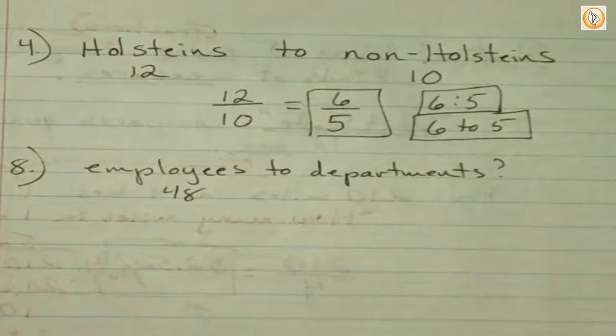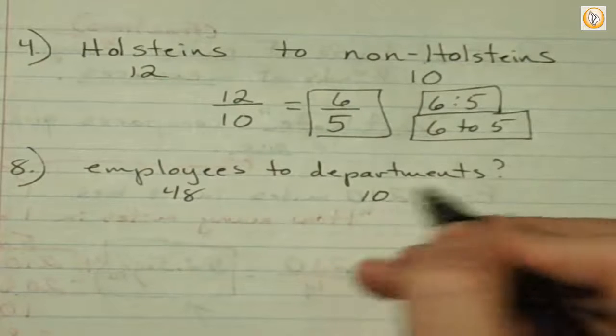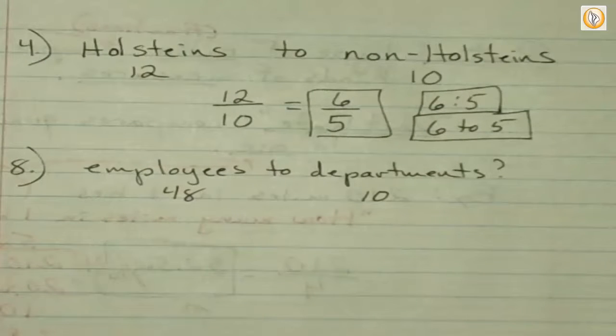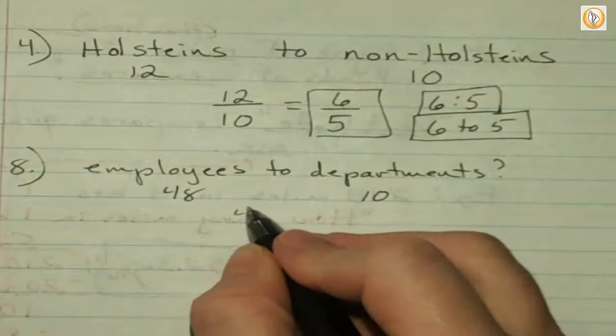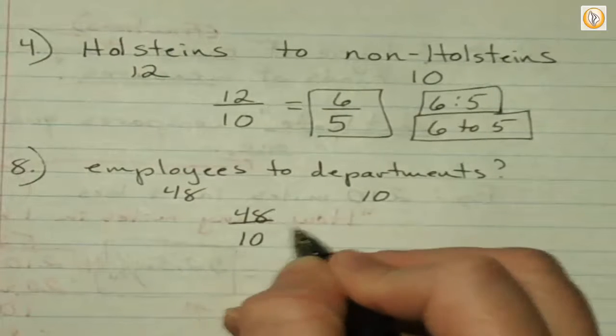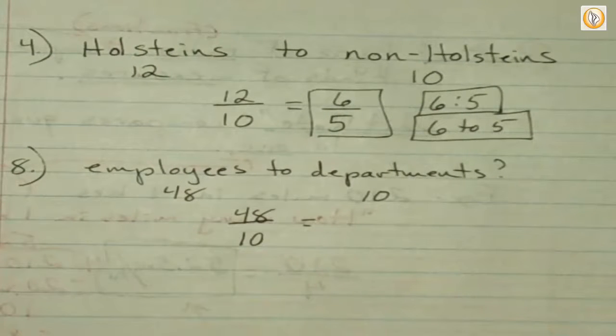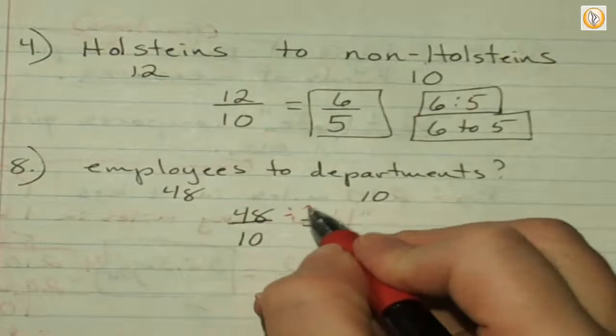And how many departments? 10. Okay, you tell me when you've got this written down, how do I write it? 48 over 10. Okay, and I need to reduce it, right? Right. Divide by 2.